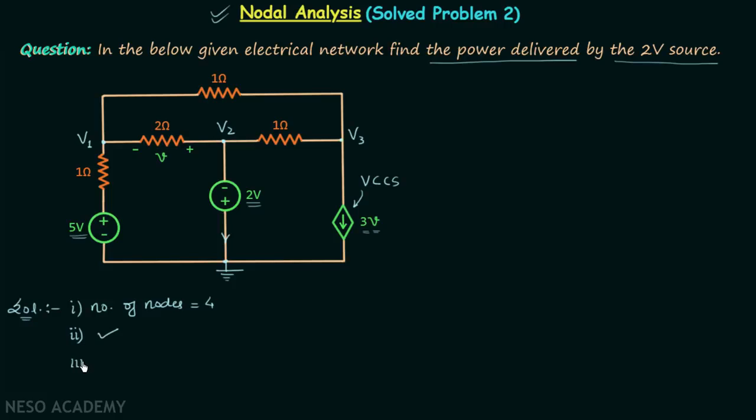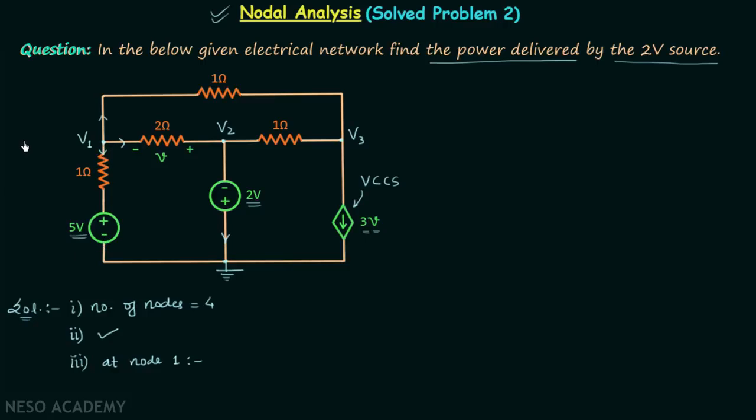Now we will move on to step number 3, in which we will obtain the nodal equations for all the non-reference nodes. Let's begin with node number 1. So at node 1, this is the current leaving the node in this branch. This is the current leaving the node in this branch, and this is the current leaving the node in this branch.